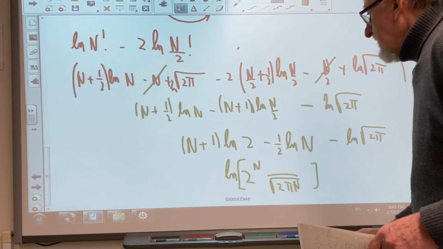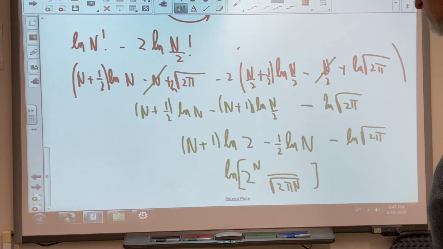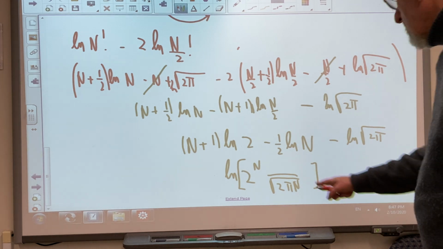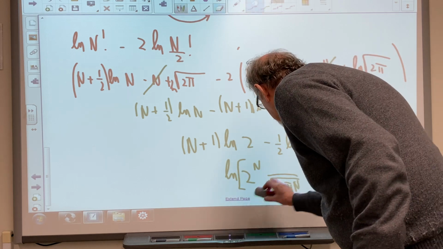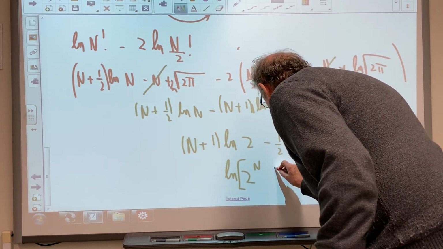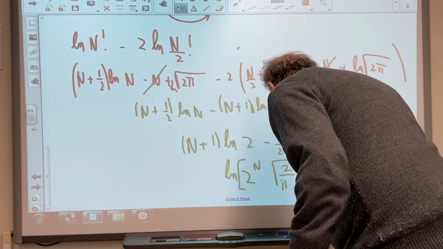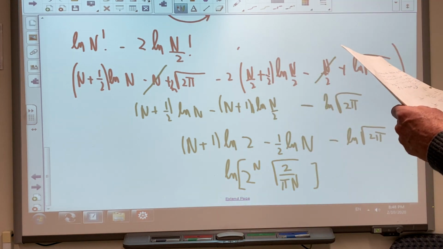And I have still left the ln of 2. And the ln of 2, so I can put the 2 on top. So I get square root of 2 over pi n. And now it's correct.